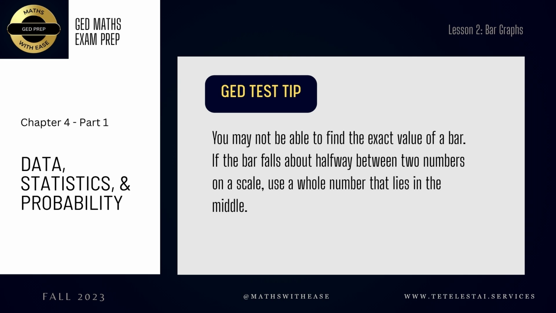Then you can obviously provide that level of detail. But this is just telling you that if you're in a situation where you have to estimate the value between two whole numbers, make sure that your estimate is also a whole number.